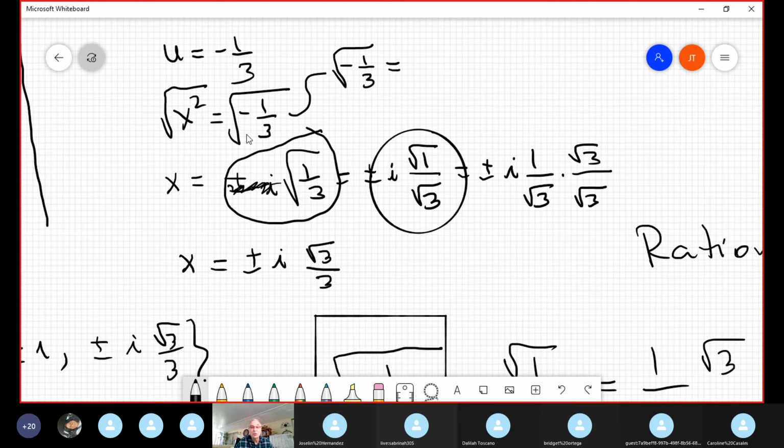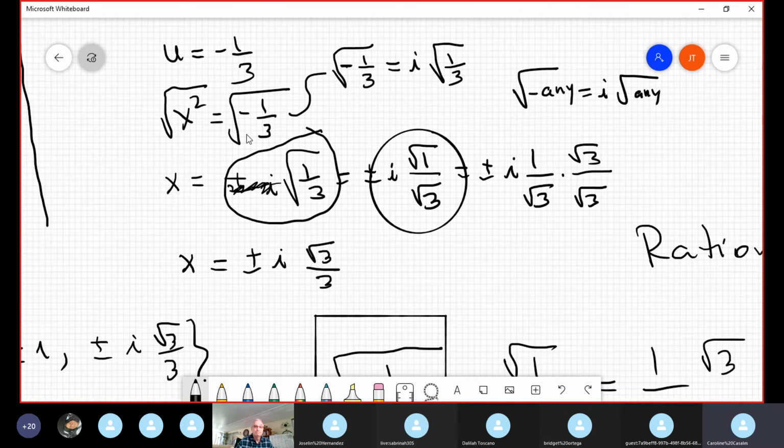And you know that when the number inside the radical is negative, you have I times the square root of 1/3. I is mandatory because it's negative. So the square root of a negative number is equal to I times the square root of the positive number. Do you remember this formula that we studied in the first class?